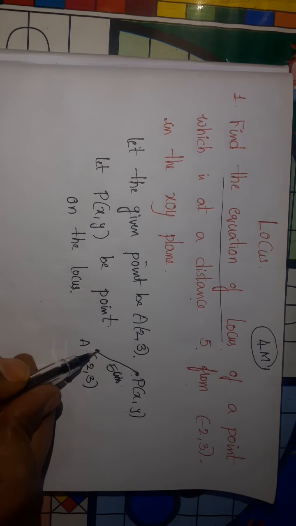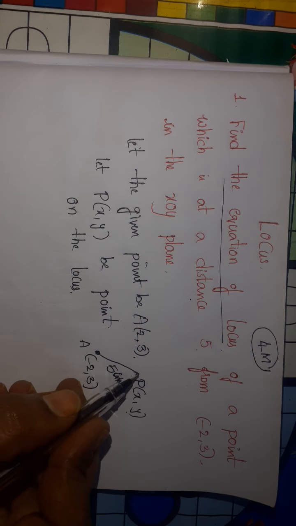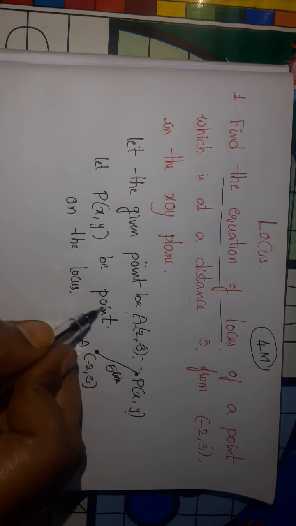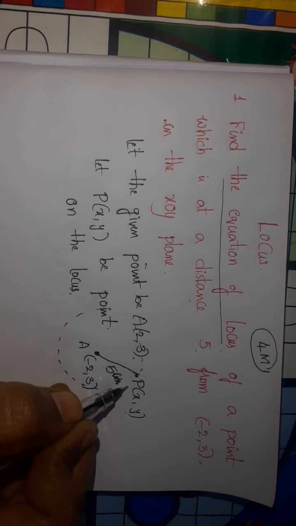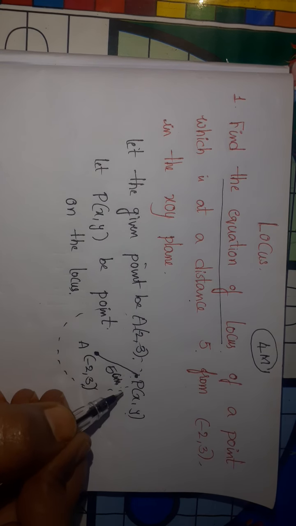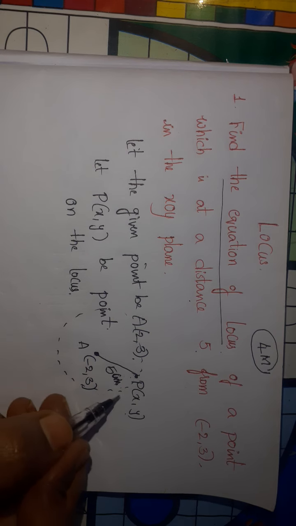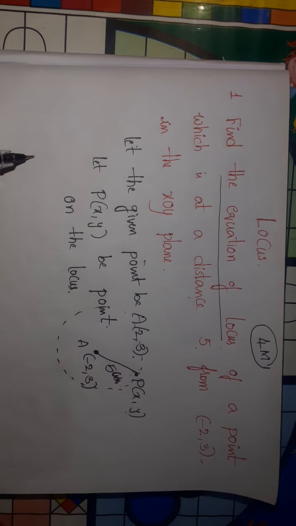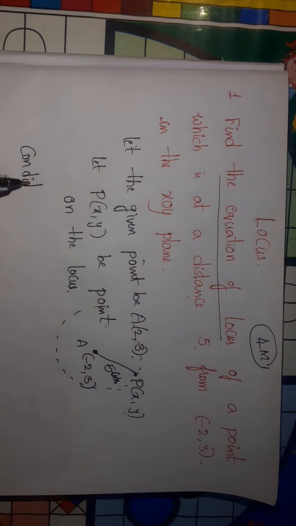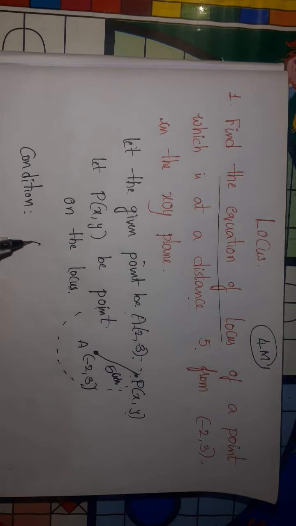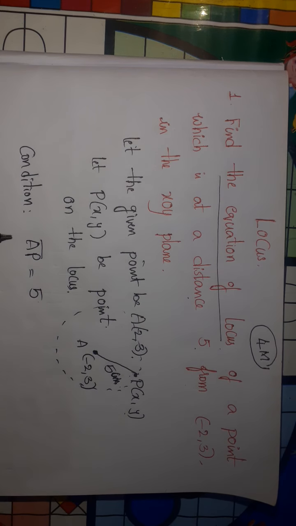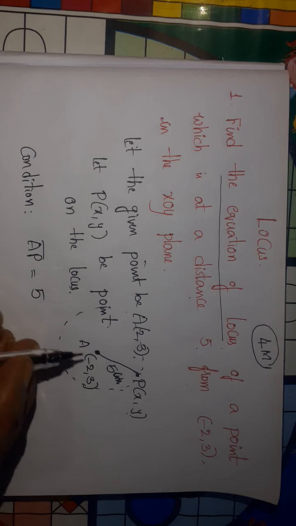So here I am taking a point A, and with 5 units distance we have a point P. We have to find the locus of this point P. Definitely this locus of point P will be a circle, right? So how do you find it? Here, what is the condition? The condition is AP is equal to 5 units.